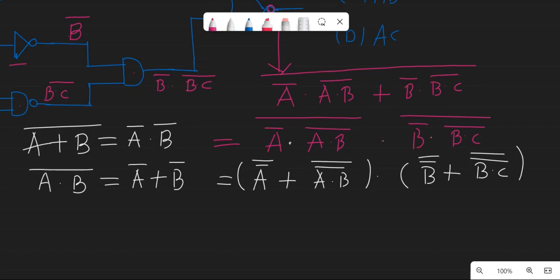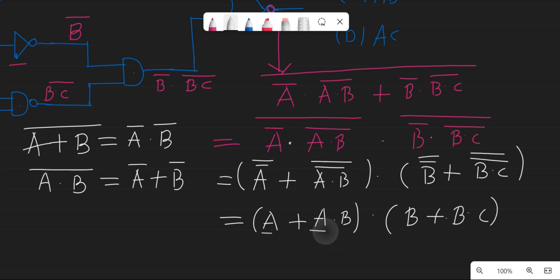Again bar and bar are cancelled, so A bar bar will be A, A dot B bar bar will be only A dot B, and B bar bar will be only B. B dot C bar bar will be only B dot C.